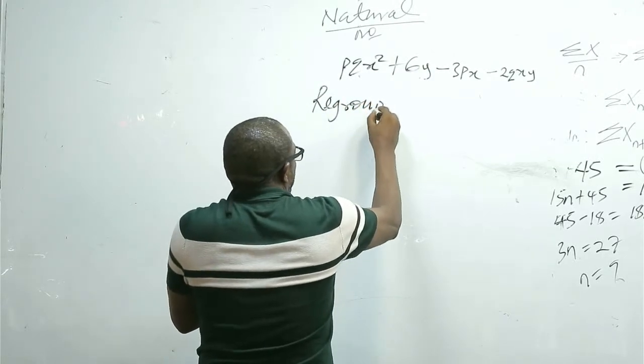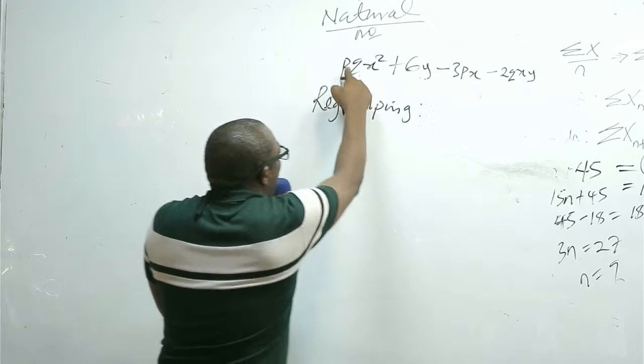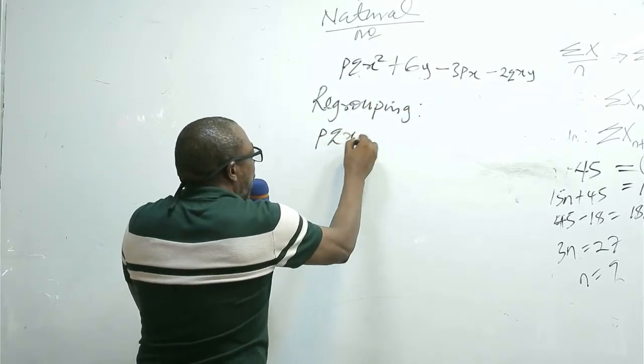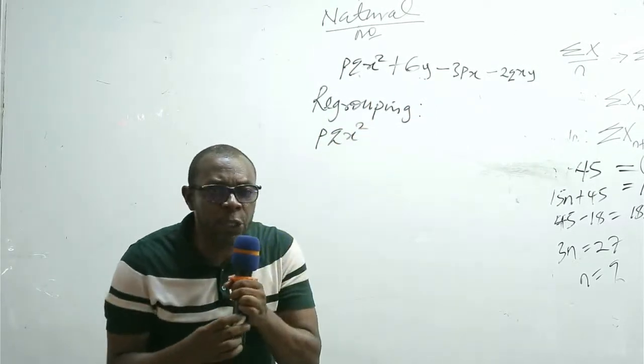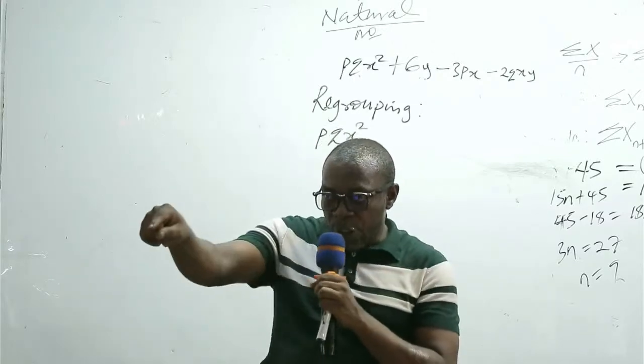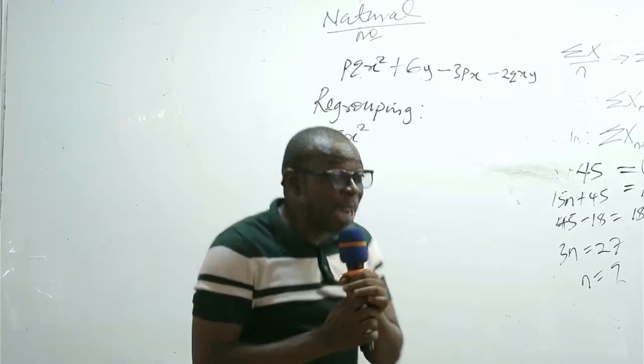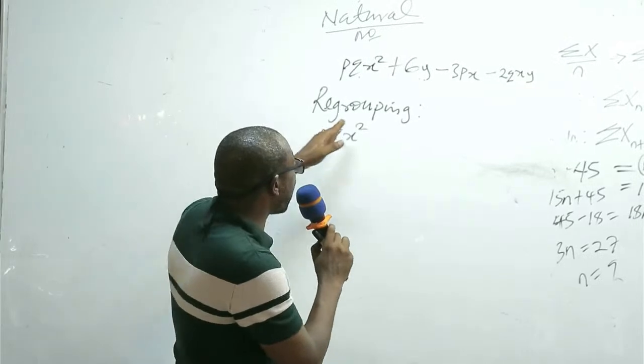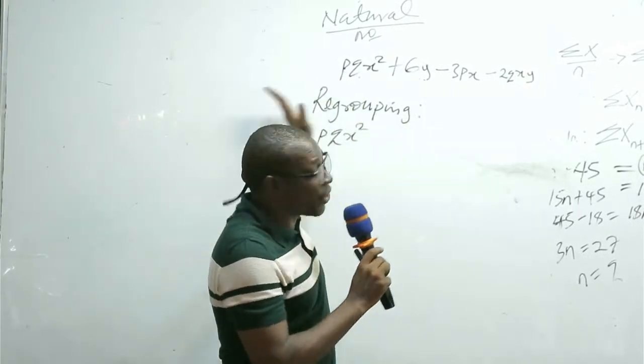Let's regroup. I have pqx squared. Now, the problem is just decision. Take your decision, bear the risks. I might decide that I want to take all the p's.